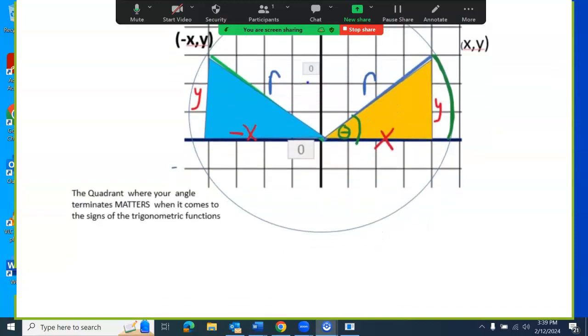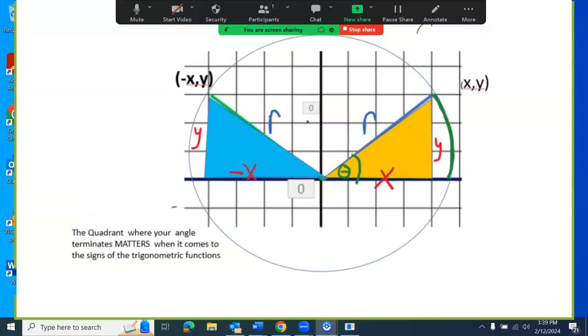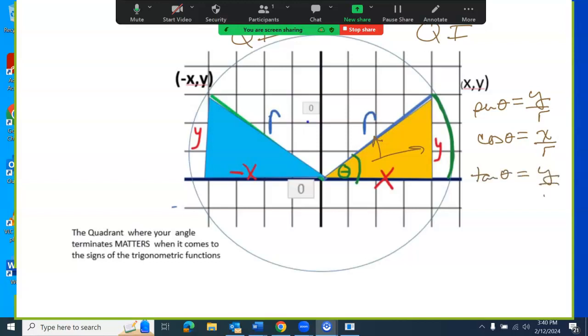So what am I doing? I'm doing a couple of things. Here are the first two quadrants. Quadrant 1, quadrant 2. Okay, so in quadrant 1, sine of theta is y over the radius, opposite over hypotenuse. Cosine of theta is x over r, adjacent over hypotenuse, and tan of theta is y over x.